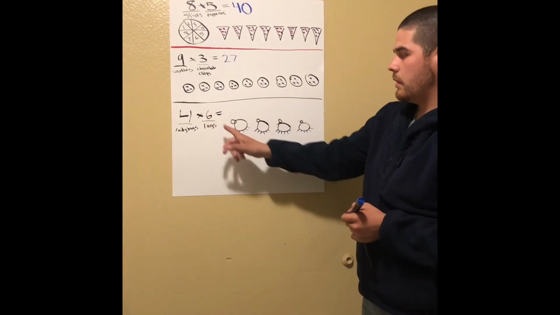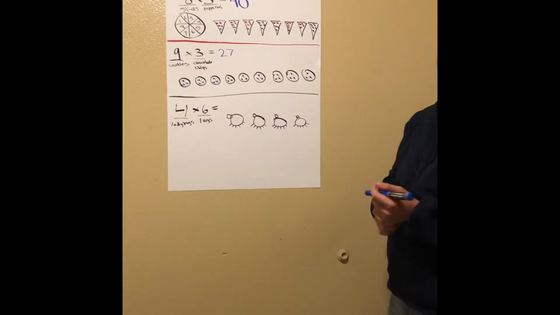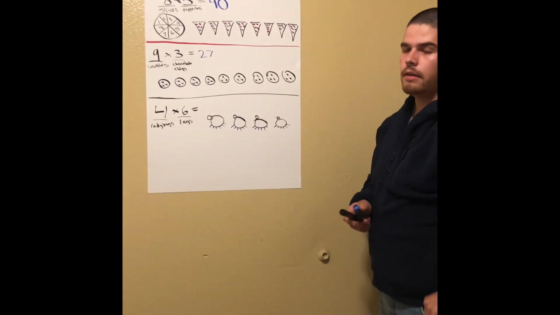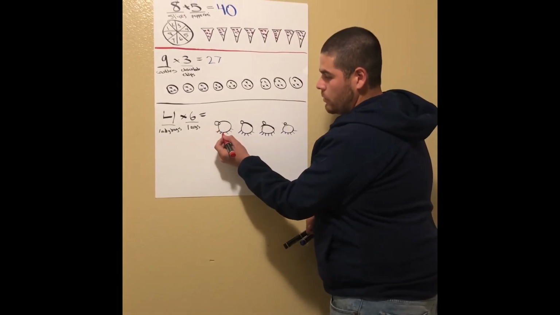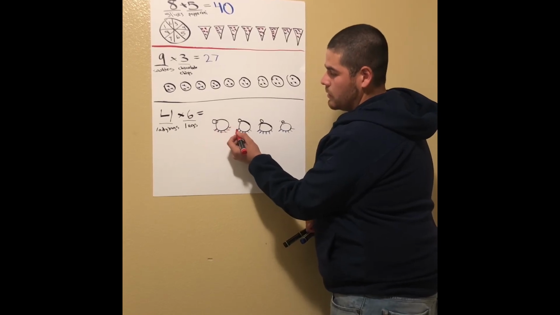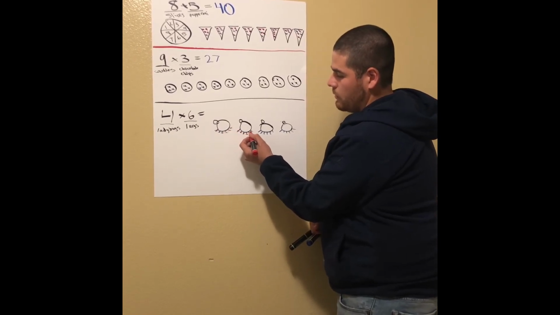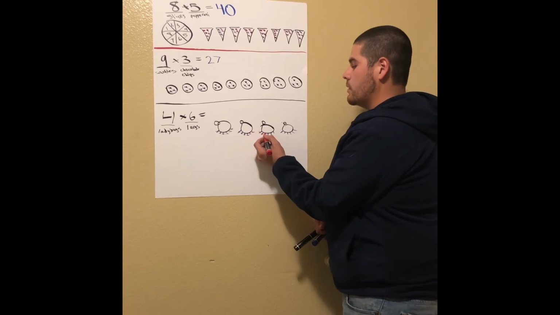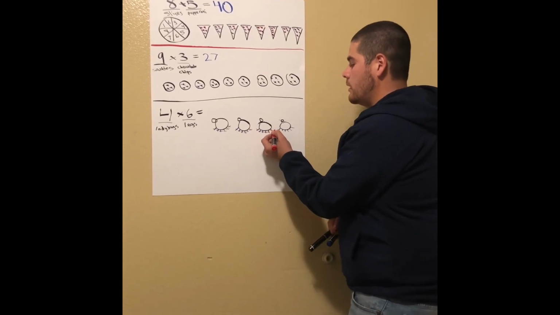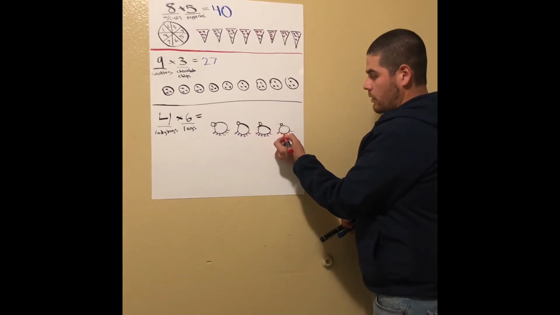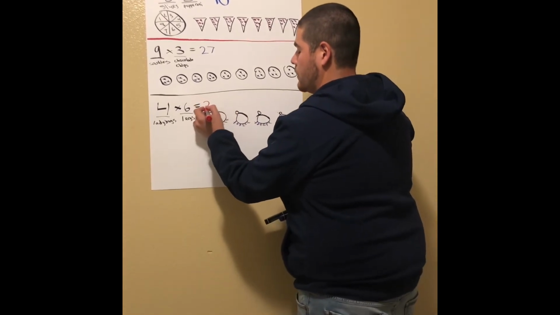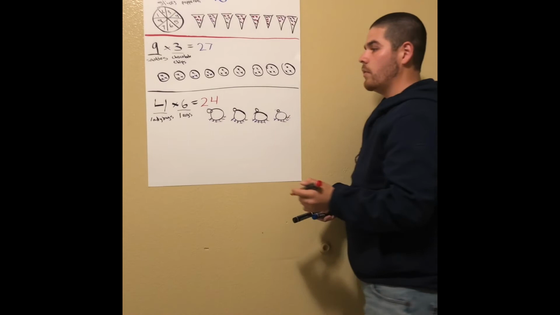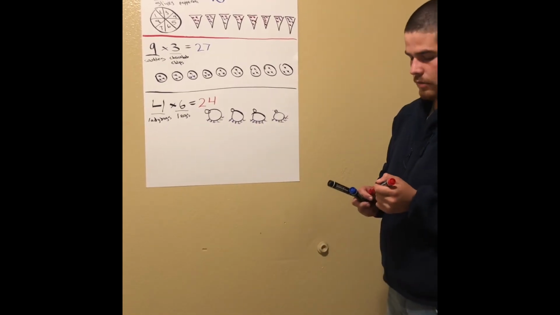Each ladybug has 6 legs. So now what do we do? Right. We count the legs. 1, 2, 3, 4, 5, 6, 7, 8, and so on, up to 24. So 6 times 4, or 4 times 6, equals 24.